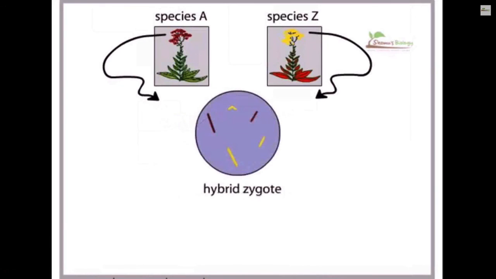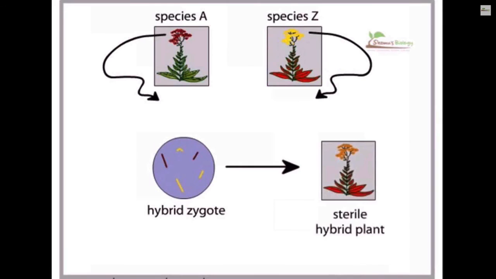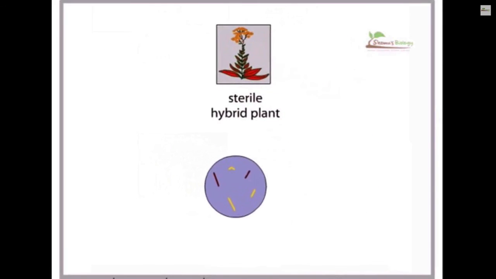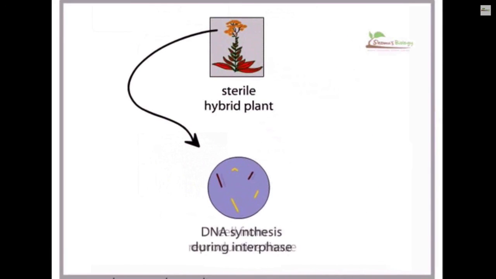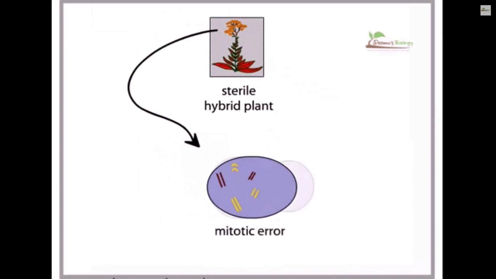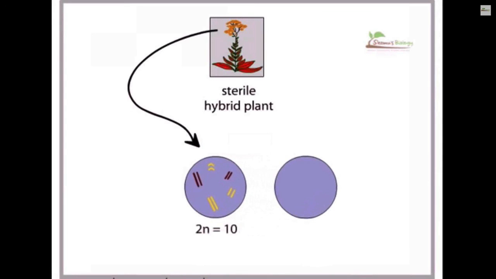The hybrid plant can develop, but will likely be sterile, since the mix of chromosomes cannot pair during meiosis. However, a rare mitotic error could occur in the reproductive tissue, doubling the number of chromosomes in a cell. Now, each chromosome can be paired with a homologous chromosome during meiosis.